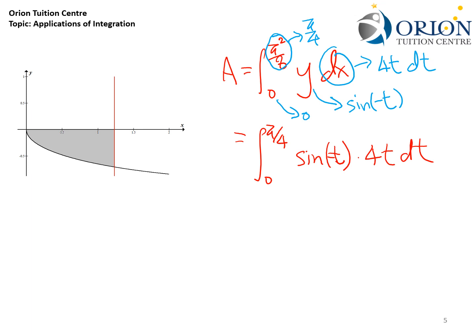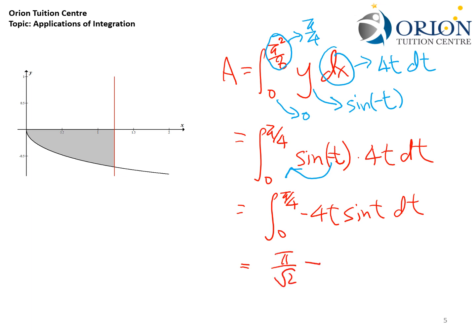And we can invoke a property of sine to bring the negative out. This gives us the integral from 0 to pi over 4 of -4t sin t dt. For this integral, we will have to solve using integration by parts, and eventually, if we work everything out, we will end up with the term pi over square root 2 minus 4 over square root 2.